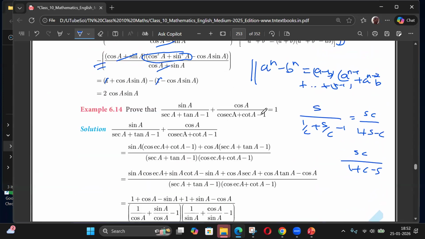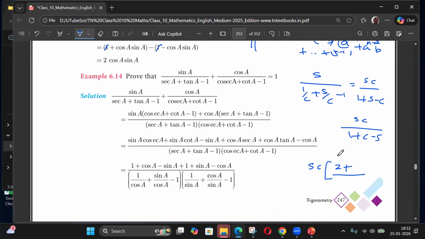This coming as 1, so it will be SC into 1 plus this. I'll cross multiply, I'll get 2 plus, these will cancel, sine minus this. So it will be just 2 divided by the product of these two, which I have to get as 1, right? So I have to expand them.